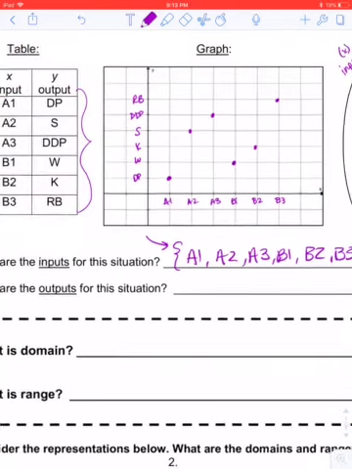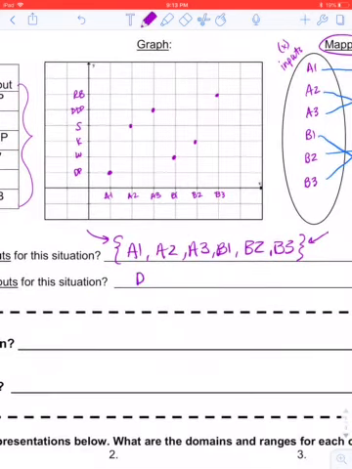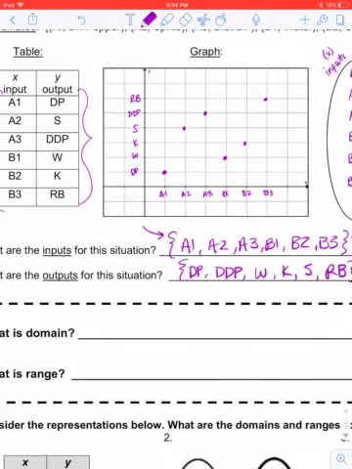Okay, so then it asks us for the outputs. Well, those are the drinks themselves. So again, I'm going to make my list of all my drinks, draw my little squiggly brackets to show all of my outputs. The process we just went through of inputs and outputs is really what domain and range is.